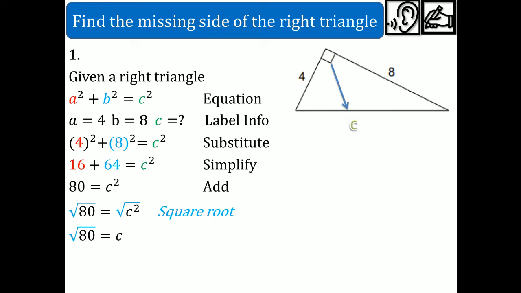I think you can. It becomes 2 square root 10, but just leave it as the square root of 80. If you want to put it in decimal form, you can, but you shouldn't. The square root of 80 is about 8.9. It's not that perfect, so leave it as square root of 80. So in this case, c equals the square root of 80.